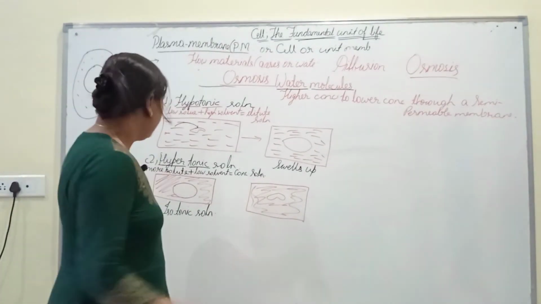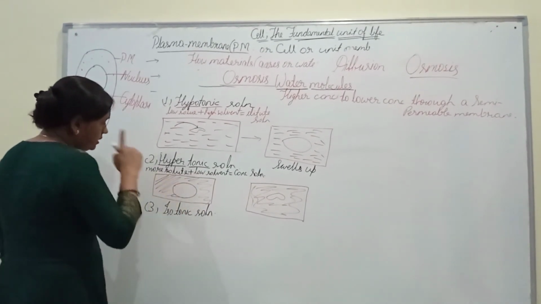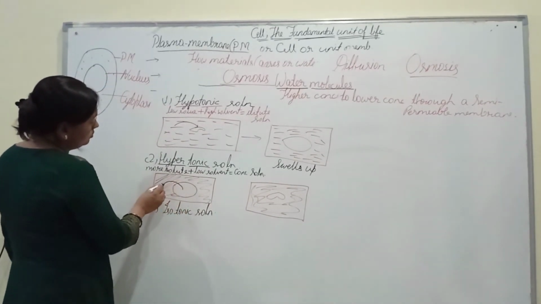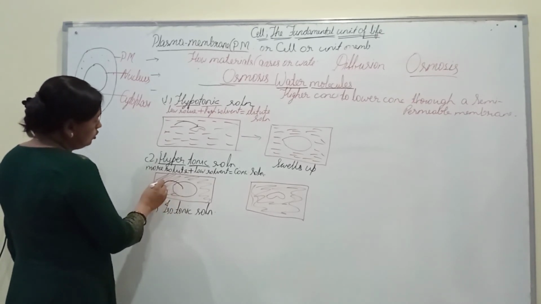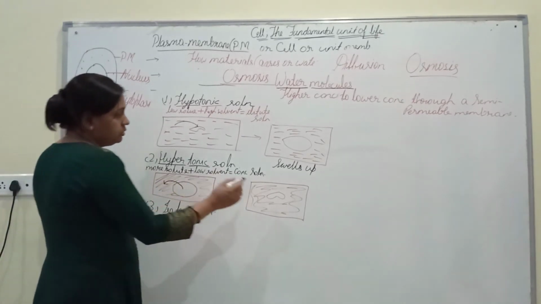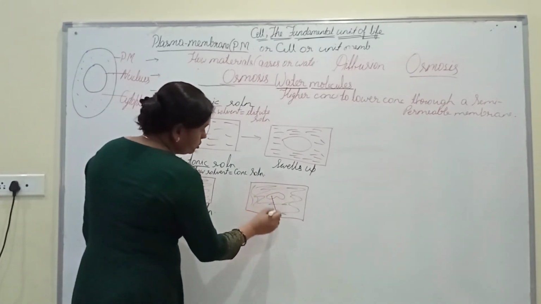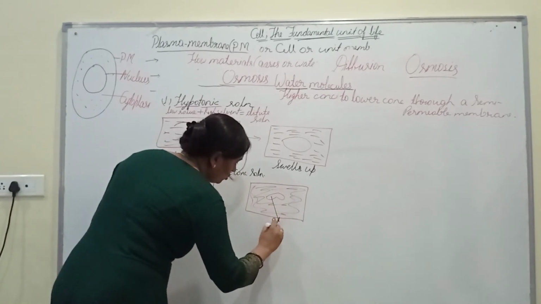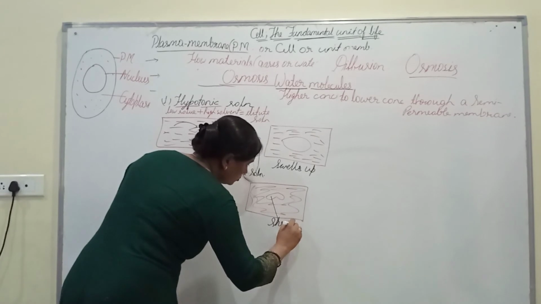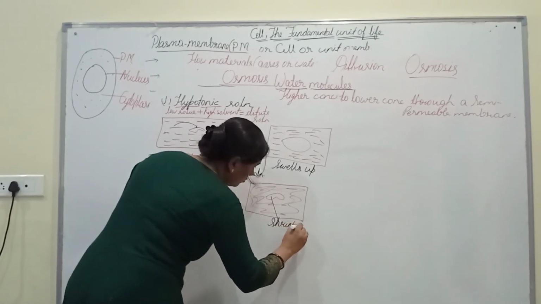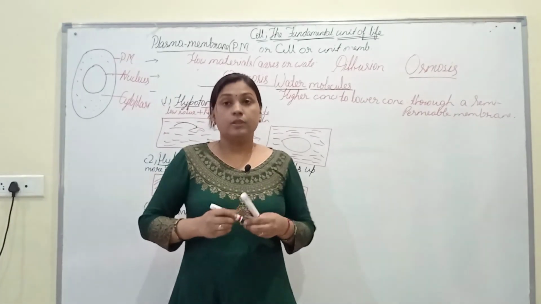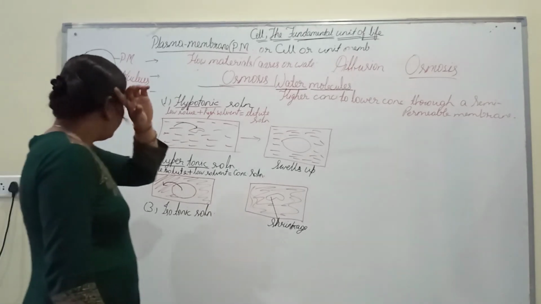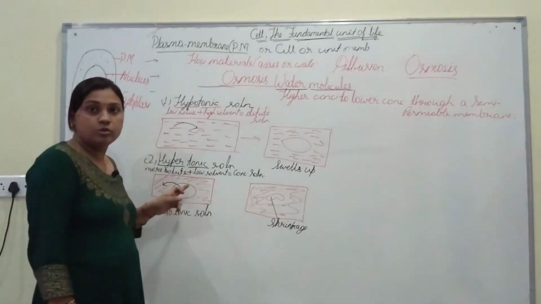If we keep a swollen raisin inside the concentrated solution, definitely the water will move from the higher to the lower concentration medium. So the raisin shrinks because of the loss of water. In the surrounding, water was less.